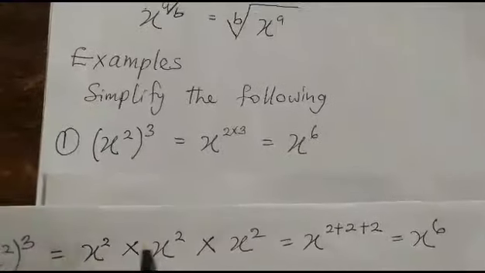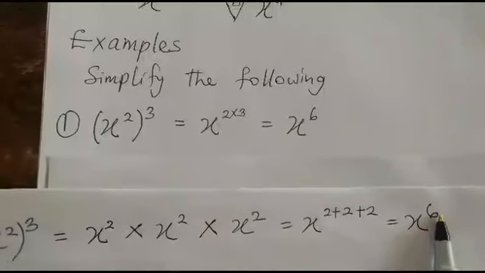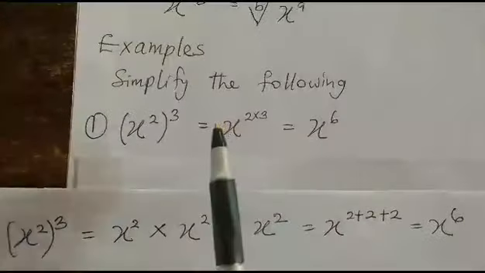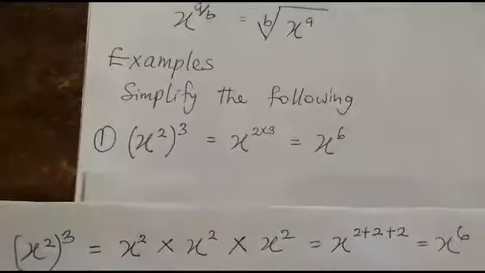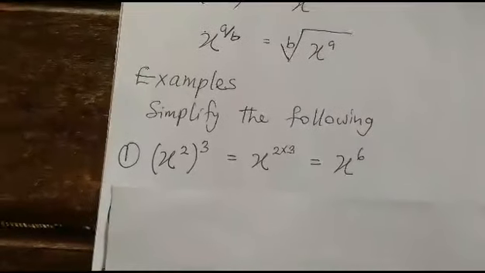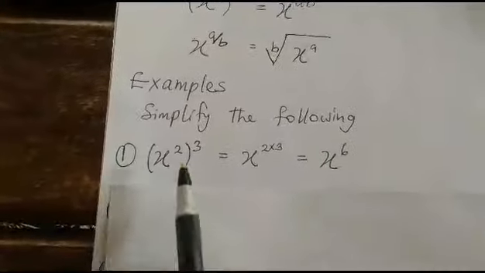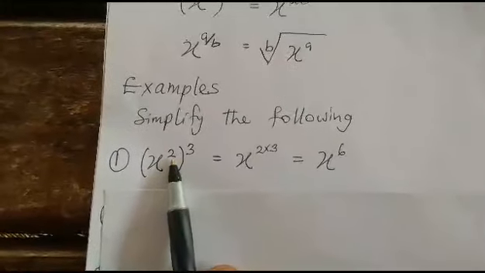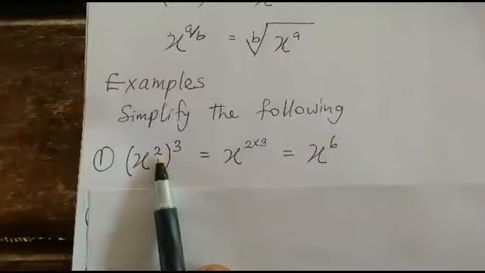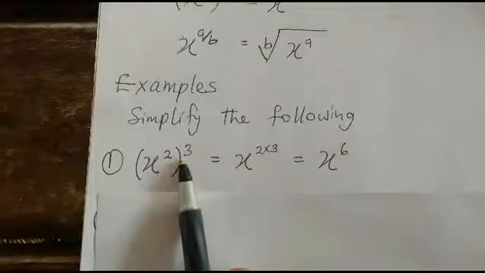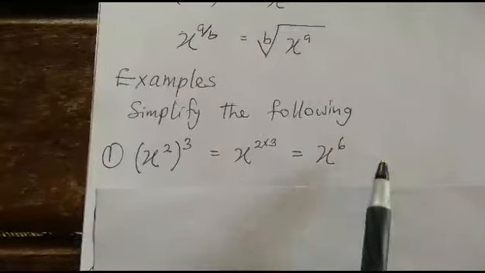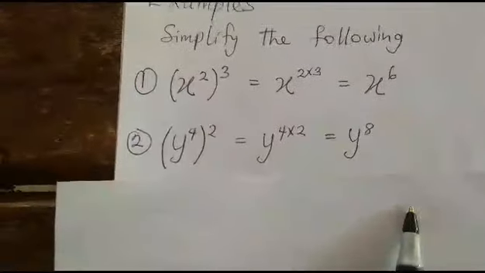You realize this first method is longer compared to this shorter method. So anytime you have a problem where two powers are beside each other like this, you just multiply the powers to get what you need.